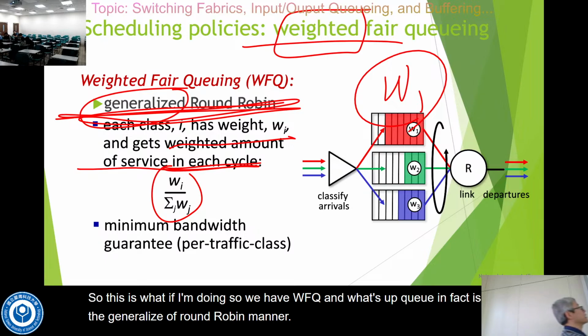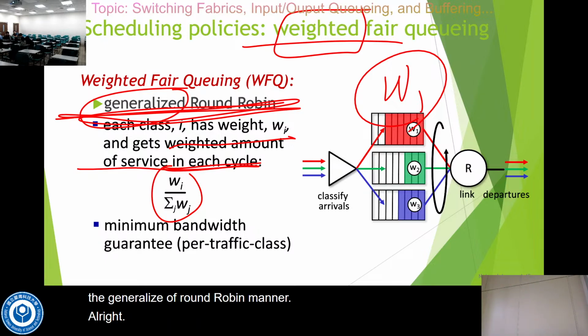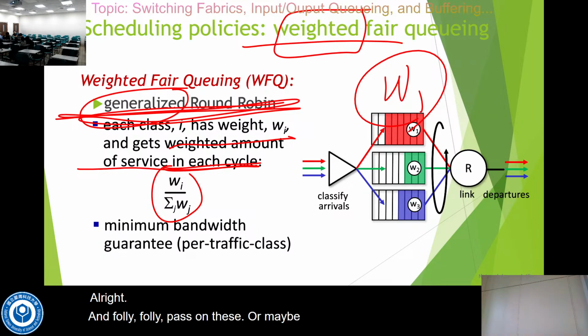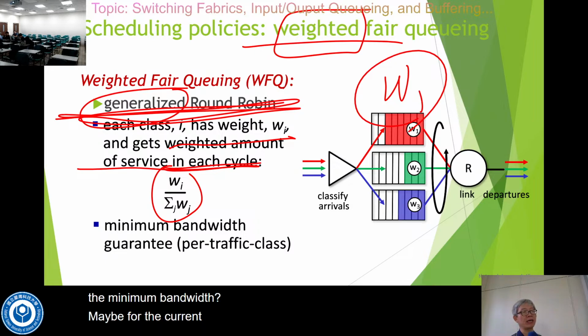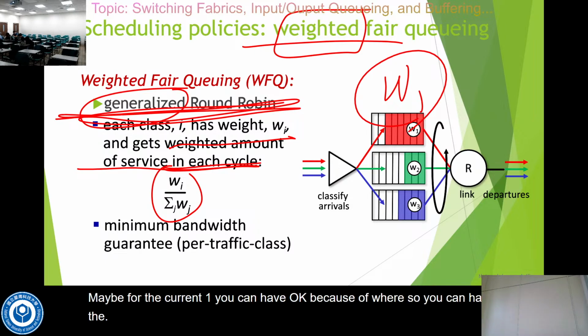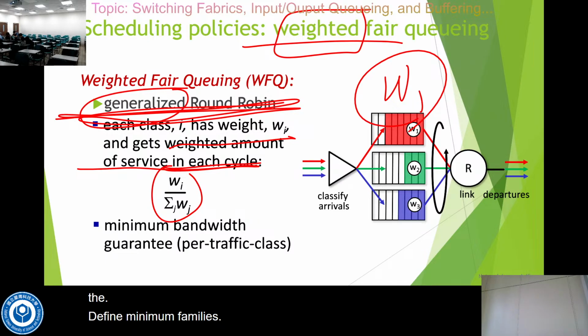And finally, should we have a minimum bandwidth? Because of the weight, you can define a minimum bandwidth, and if you can define it, then you can guarantee this.